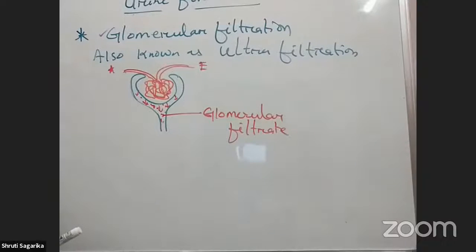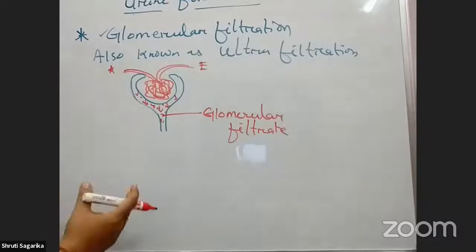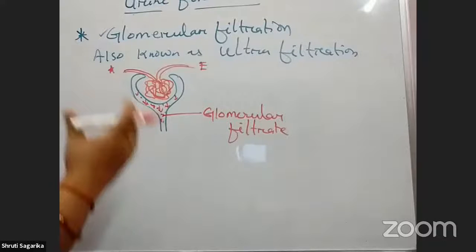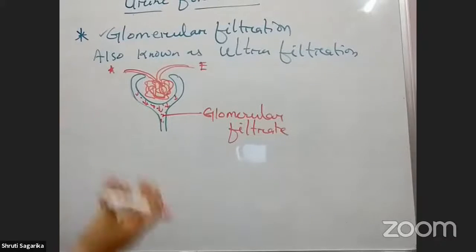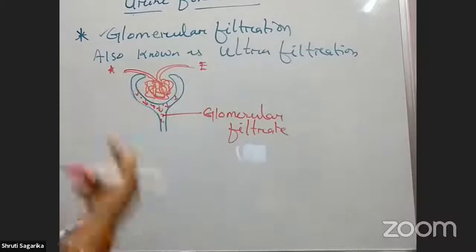The filtrate is coming into the tubular part, that we all know. Now what mechanism squeezes the filtrate out from the blood vessel? Why is the filtrate coming out? What is contained in it?